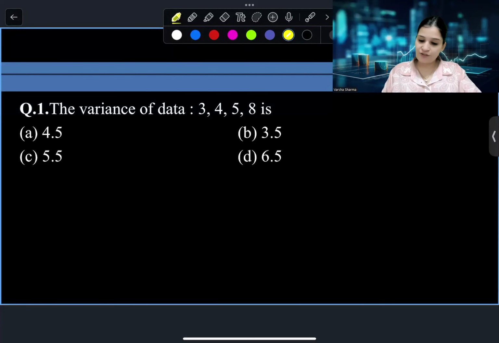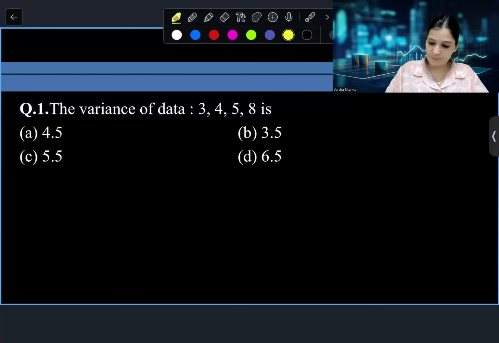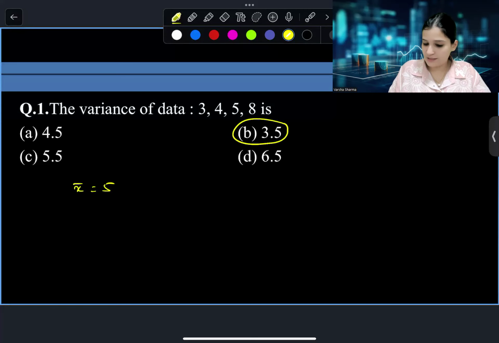Okay, the first question: variance of 3, 4, 5, 8. 3.5. The mean was 5. And then the variance formula, summation x minus x bar whole square by n. There will be no root over.